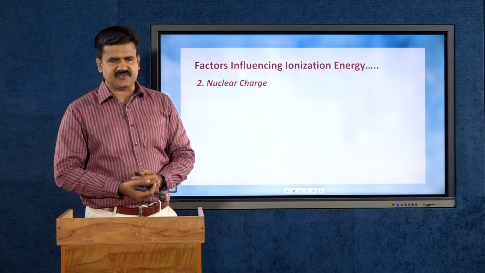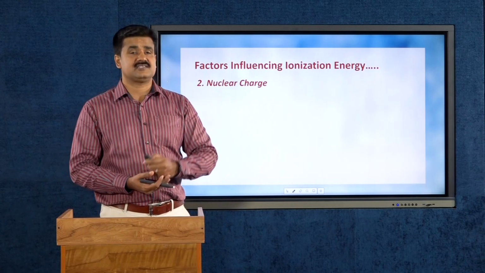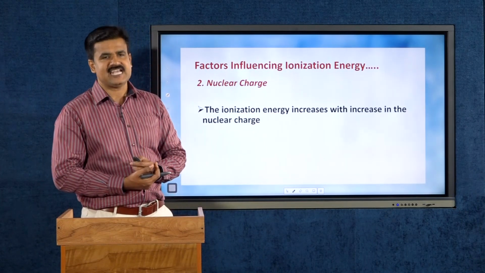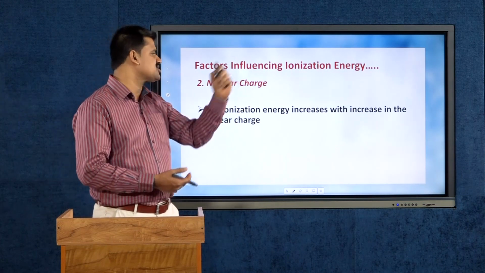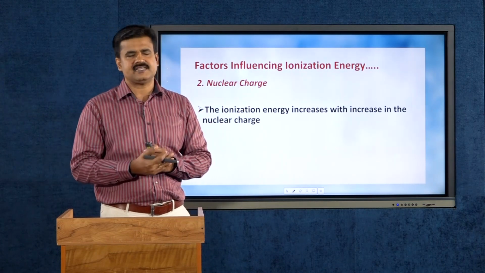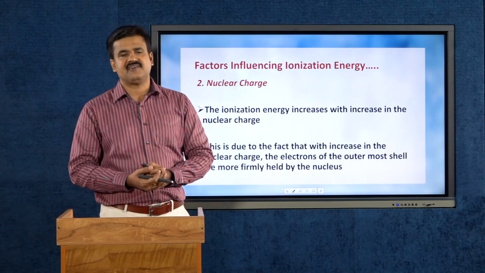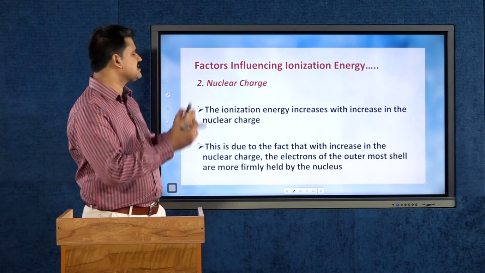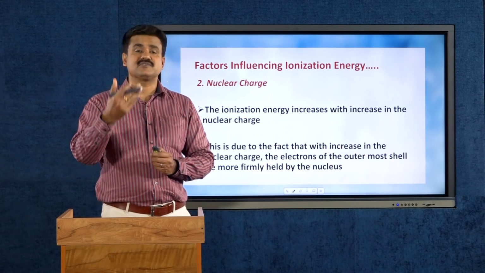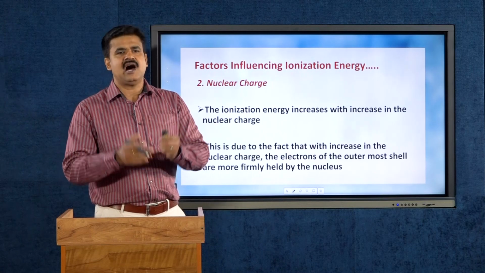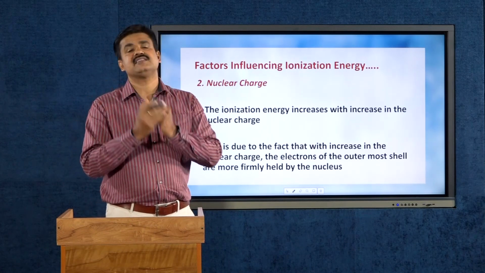Moving on to the next factor, that is nuclear charge. How does nuclear charge influence ionization energy? The ionization energy increases with increase in nuclear charge. This is due to the fact that with increase in nuclear charge, with increase in positive charge, the electrons of the outermost shell are more firmly held by the nucleus.